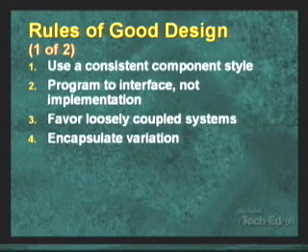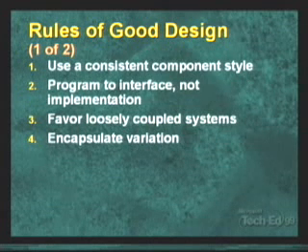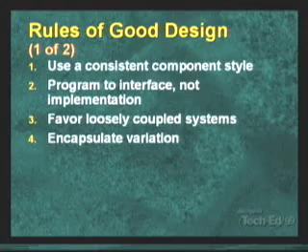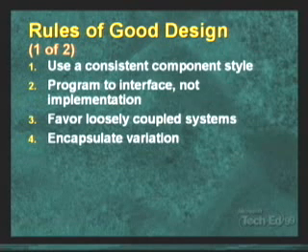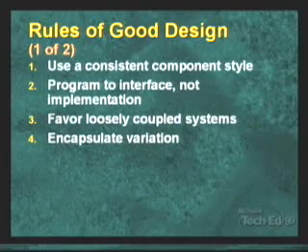Encapsulating variation is a very powerful technique, and it's one of the ways that you can avoid the issue of inheritance and the lack thereof in COM. So typically when you're building an application in C++, for example, or Java, you would implement some base class and it would have some set amount of built-in functionality. Then you would inherit from that and override certain methods. The problem that you have there is that it's really hard to figure out exactly when you need to call the base class method.